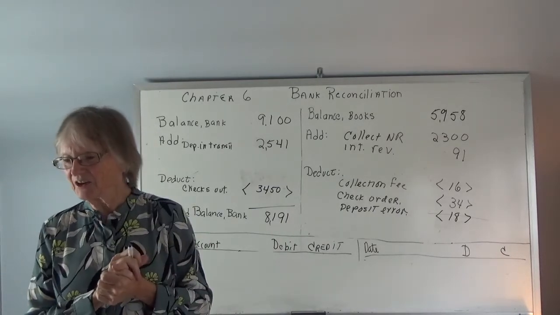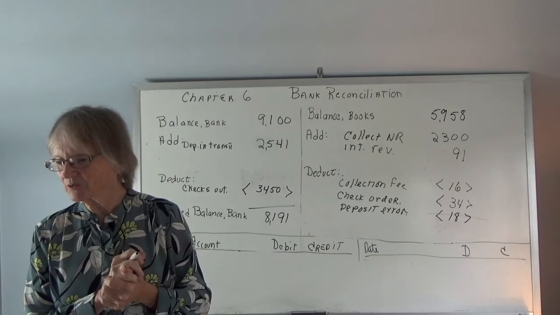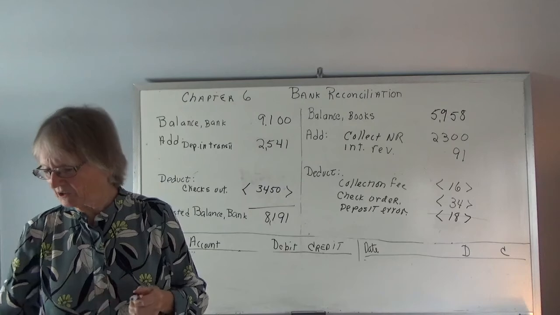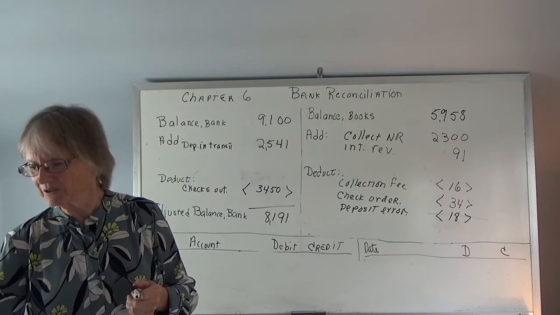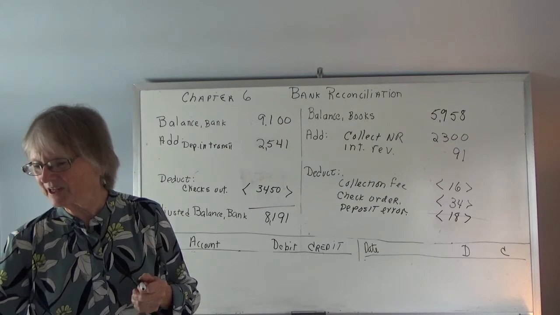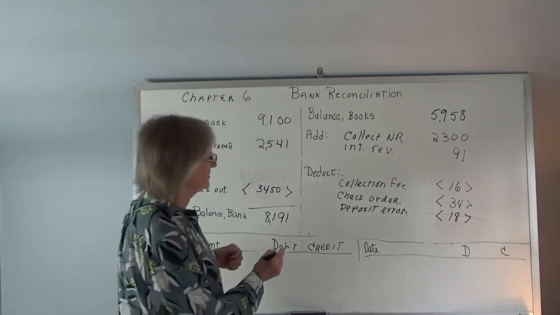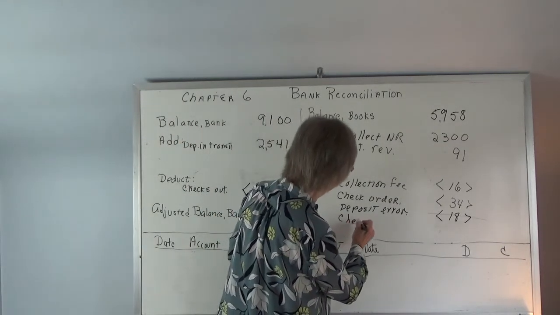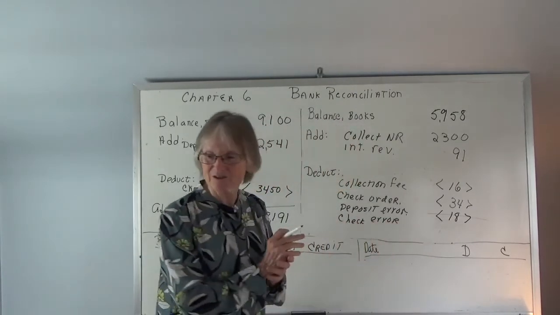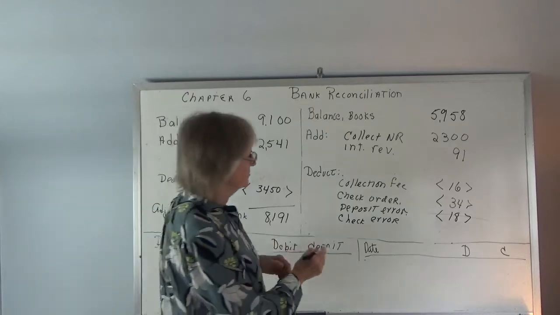So we're going to need a $90 adjustment. Now we have to figure out if that is an adjustment up or down. This ends up being an adjustment down as well, so the check error. Sometimes the errors will be upward adjustments, and this would be for 90.